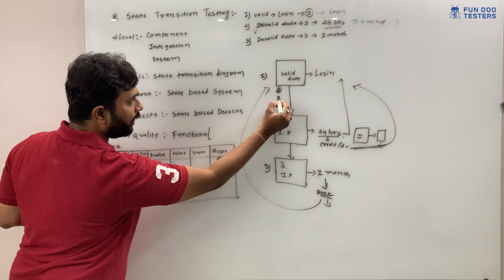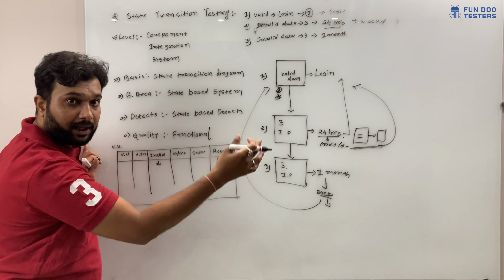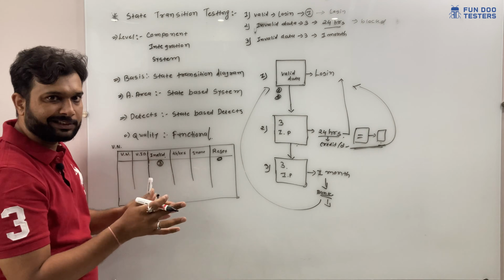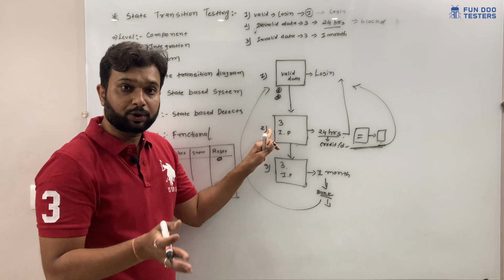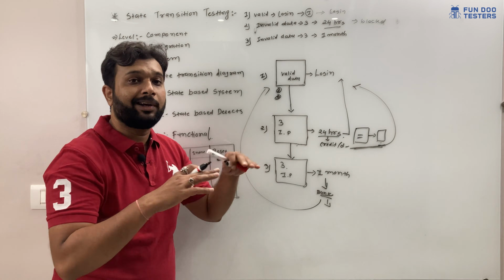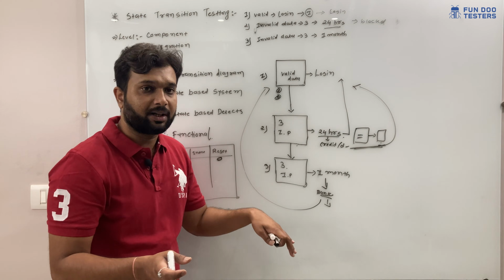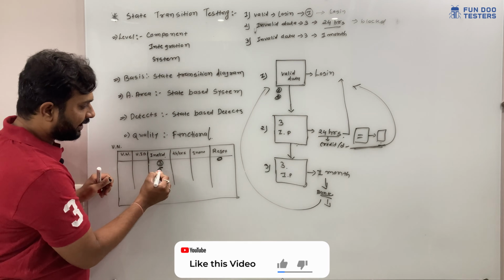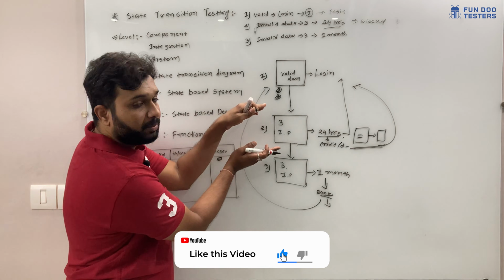Next time, if I enter invalid data the third time, the application will count it, and it will get stored in the database. So it doesn't matter if I close my browser or turn off the laptop and restart it, in the database we can see the count as 3. So the application will start from this state only.